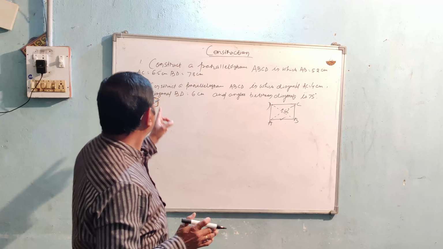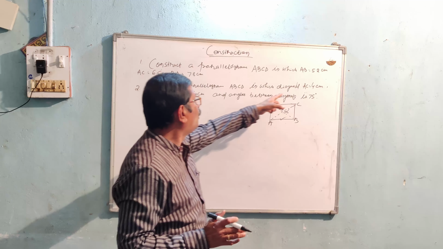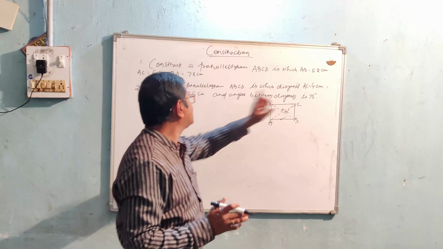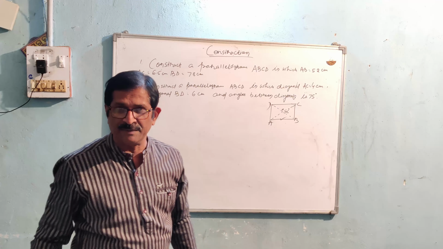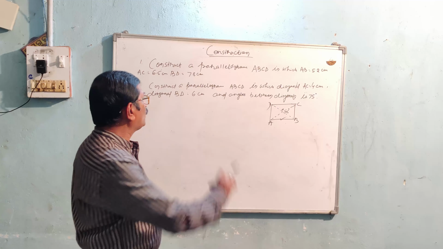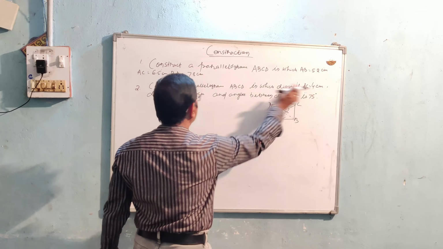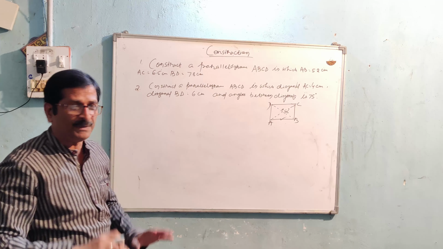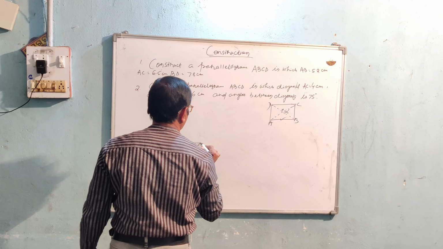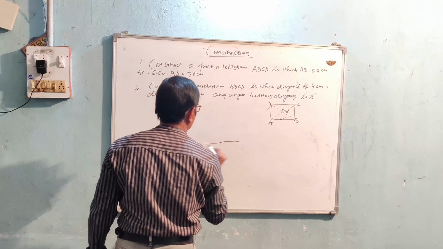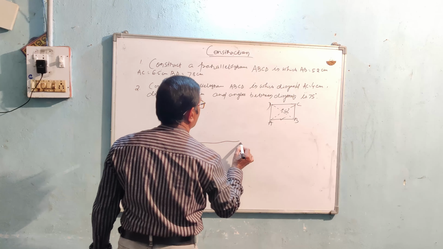Here only two diagonals AC and BD are given, and the angle between the diagonals. So how can you draw it? You take either of the two diagonals, AC or BD. Here we shall take the BD diagonal, that is 6 centimeter. Achha.